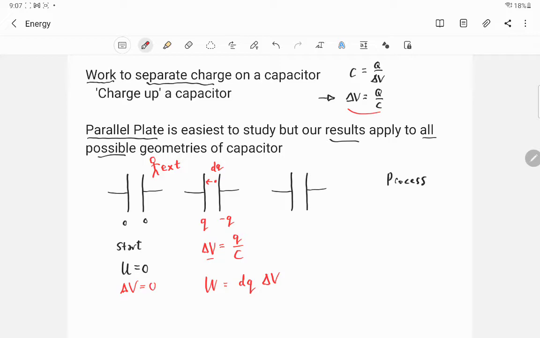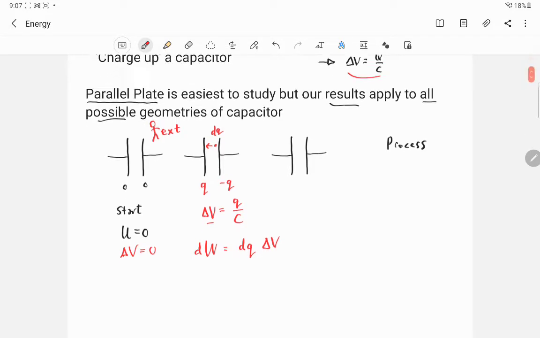Remember that's how we associate potential difference with some physical exertion: moving a charge across a potential difference requires work. And because we're moving an infinitesimal, calculus-small amount of charge, the work to do that is also calculus small.